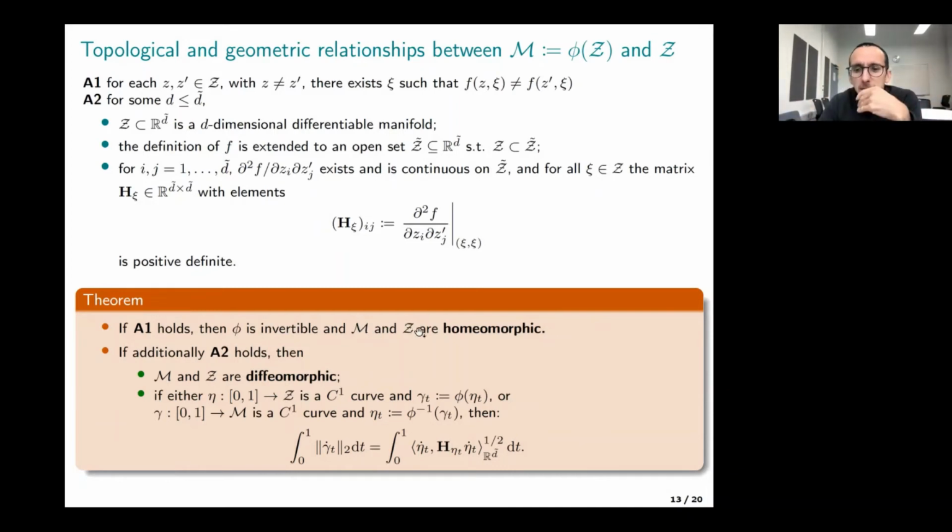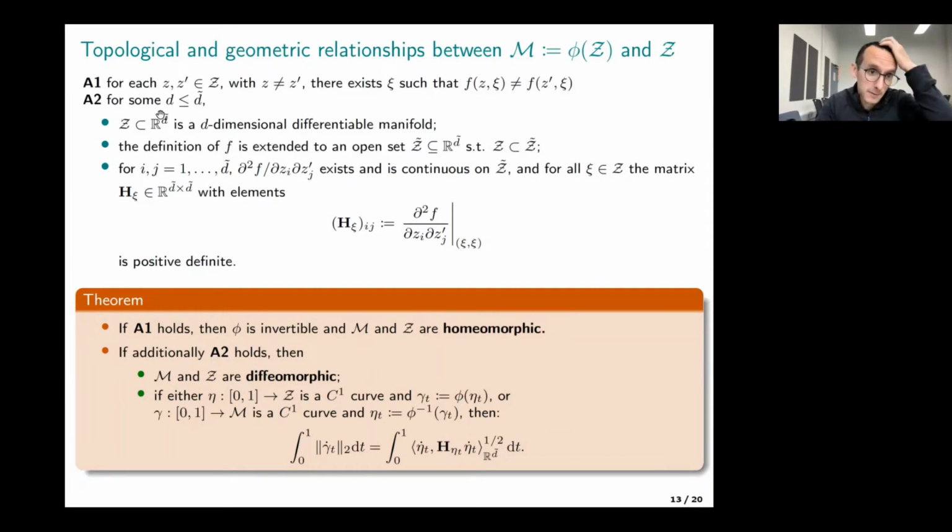We find that M is homeomorphic to Z. And if we also make some more detailed assumptions to do with the smoothness of the kernel in general terms, there's a bit more detail to it than that, then not only are M and Z homeomorphic, but they may also be diffeomorphic.